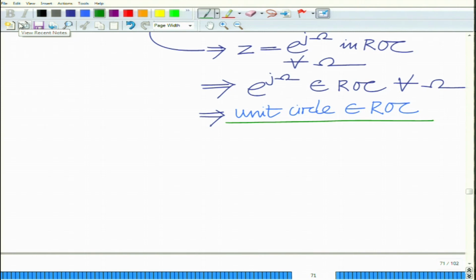Okay. Now, let us look at the system function for an LTI system described by a difference equation.